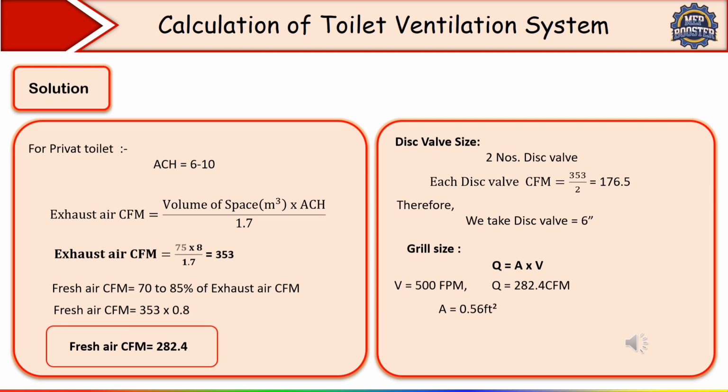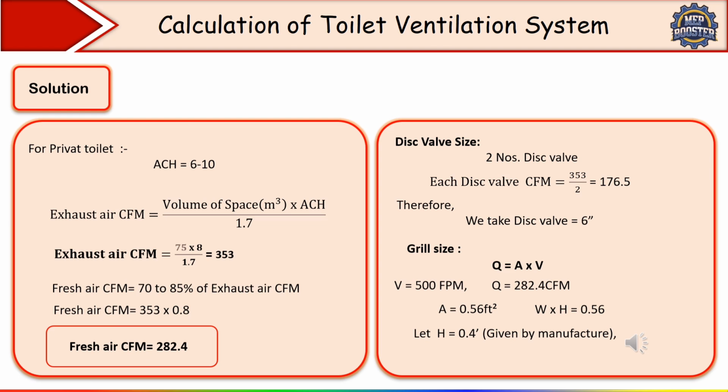Now here, which shape of grill do you want? If you want to place a rectangular grill, we know that the area of a rectangle is width into height, equal to 0.56. Now suppose I assume a height of 0.4 feet, because this height will be given by the manufacturer only.